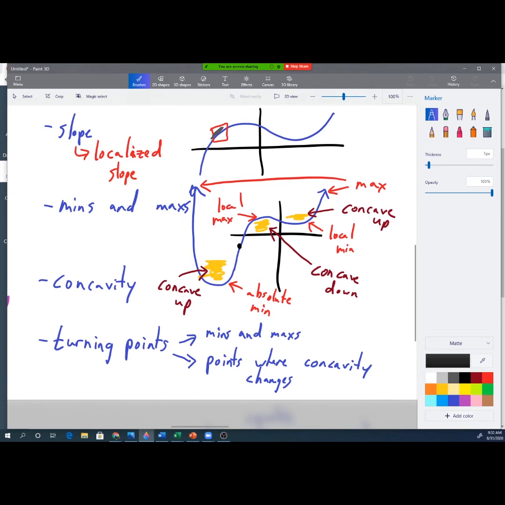So if I had to guesstimate, probably about right here, I would call that a turning point. Turning point's not necessarily the technical term, but that's what I'm going to call it. We call it points of inflection in calculus, but that is going to be one of the most important points that we're going to study: where do we go from concave up to concave down? Where's that point where they meet? Because that point is going to be a defining point on the graph later.